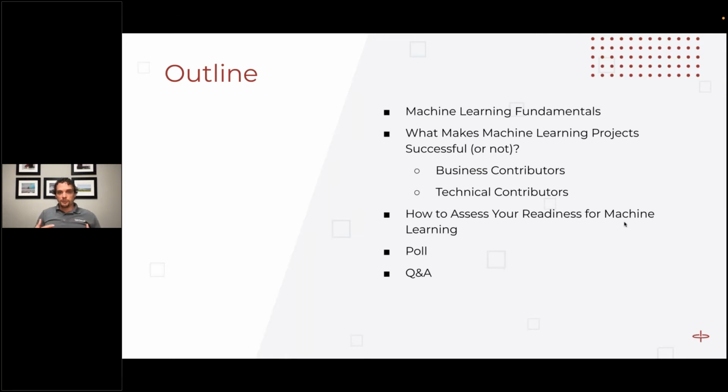And then we'll jump to one of the big questions, which is how do you actually assess your readiness for machine learning? Then we have one audience poll question, and then there's going to be a decent amount of time for Q&A at the end. So as Max said, feel free if you think of questions during the presentation, go ahead and drop them in the chat, and we'll try to get as many questions answered as we can at the end.